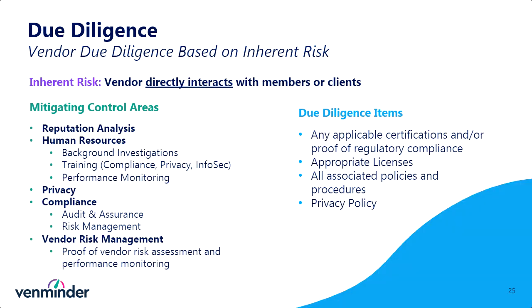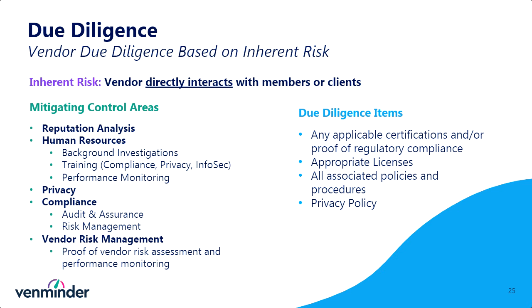This next type of inherent risk involves a vendor who is directly interacting with your members or clients. This could be something like an IT support vendor or one that provides member acquisition services. Since this type of vendor engagement can have a huge impact on your reputation, those mitigating control areas would include things like reputation analysis and human resources, which should be in place to make sure that the vendor's employees are properly trained and monitored for their performance.